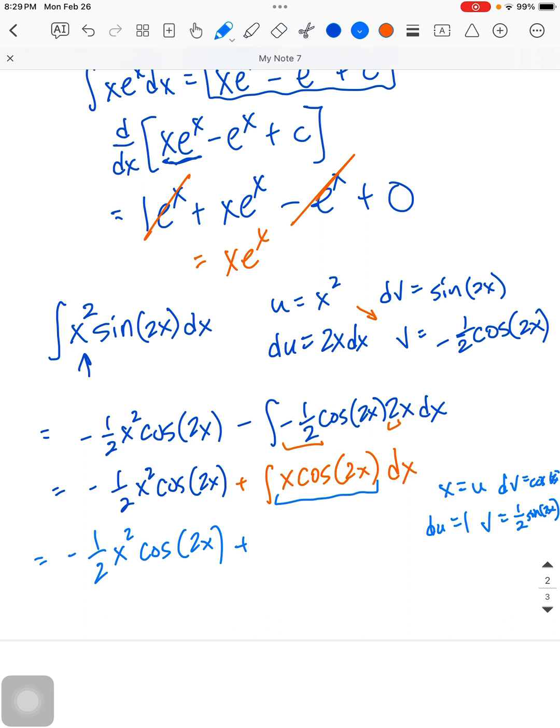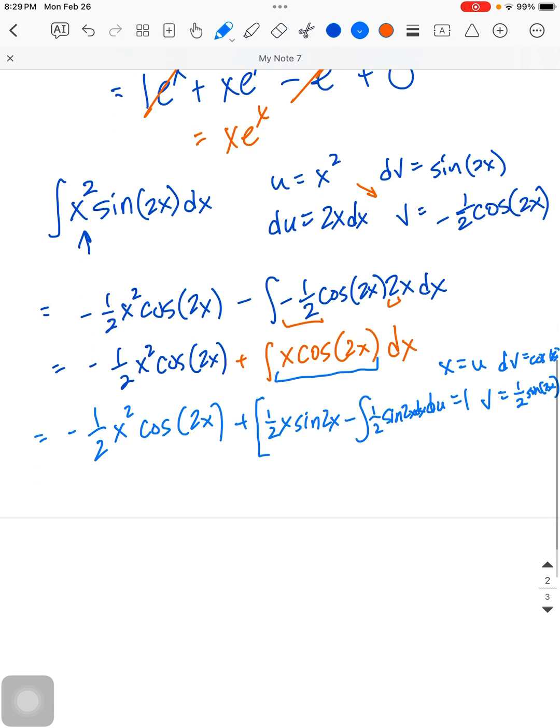So within this integral, I'm going to have another integration by parts, another u times v, which is going to be 1/2 x sine 2x. And then my new v and my new du. So I'm going to have a 1/2 sine 2x.